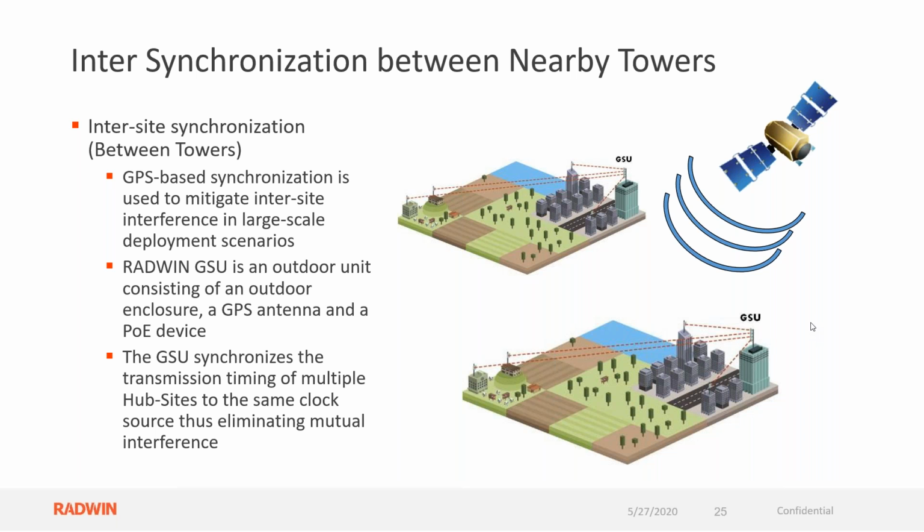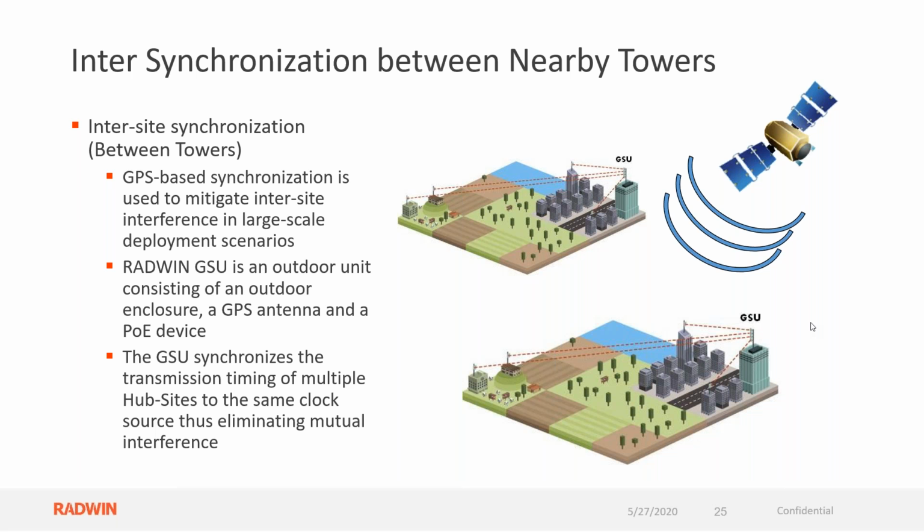When you get the clock from a satellite, I can definitely synchronize the entire deployment from an external clock or GPS clock. So this is how I can influence the clock between towers, what we call inter-synchronization.